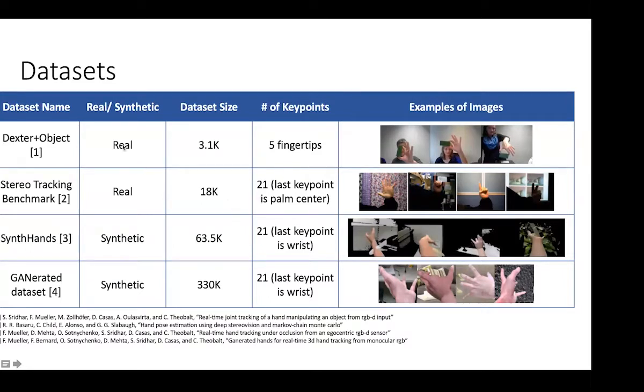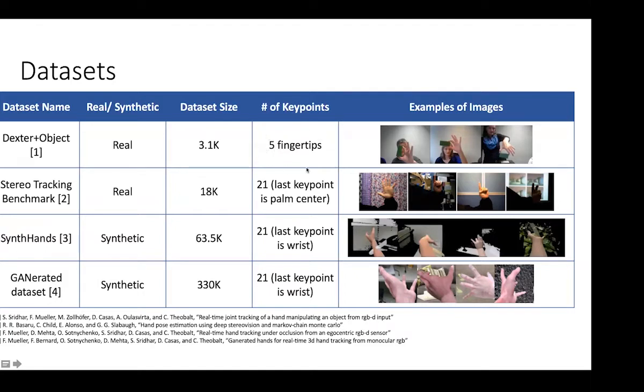On the other hand, we have real datasets, but they are video sequences, and in video sequences images are very correlated. There are just a couple of actors there. The hand is always the same. The pose of the hand is similar between these frames, and these real datasets don't have the 21 key points that I need.